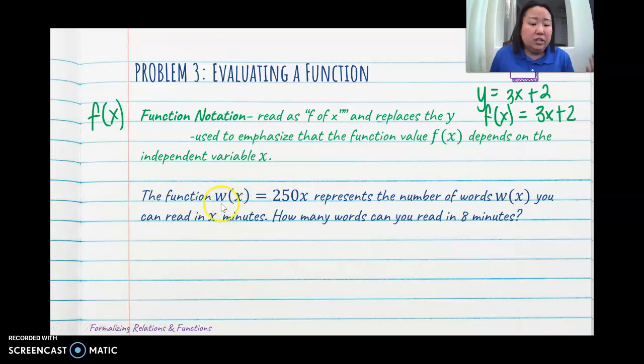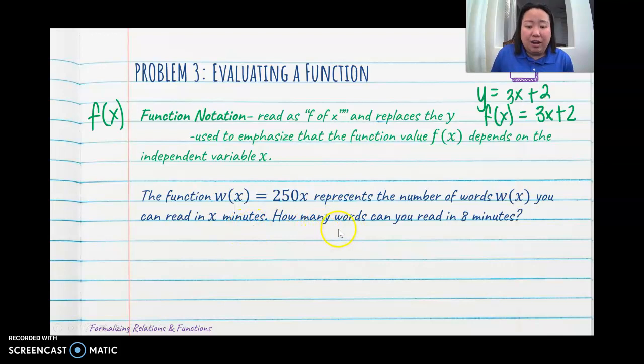The name of the function is w, the input variable is x, so we can expect that the expression after the equal sign will also include the variable x, okay? So the function w of x is equal to 250x. This function represents the number of words. The w is the number of words that can be read in x minutes, okay?